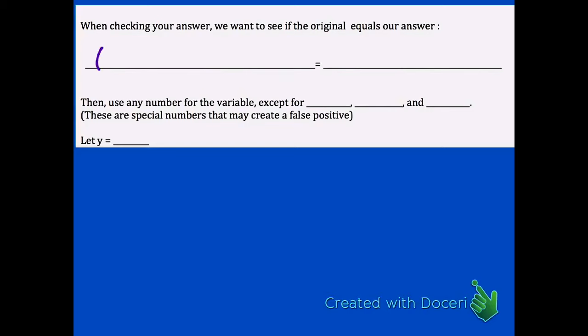So our original problem was y plus the sum of y plus 2 times the sum of y squared and negative 2y and 3. And our answer was y to the third plus negative y, or minus y, plus 6. So we set those equal to each other.